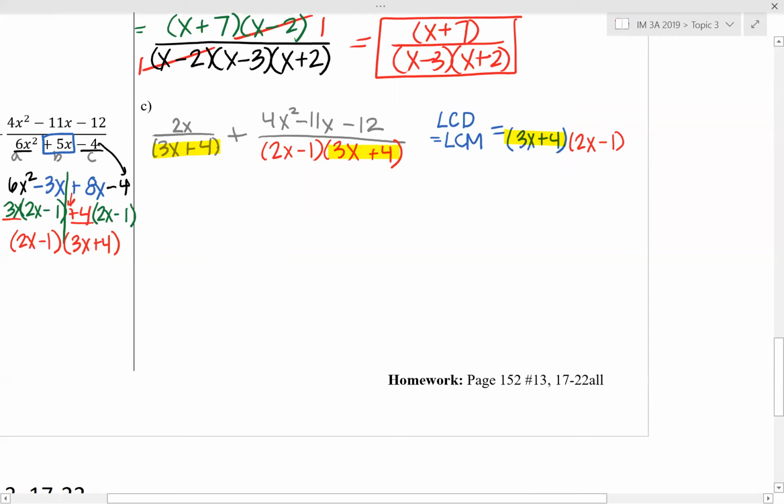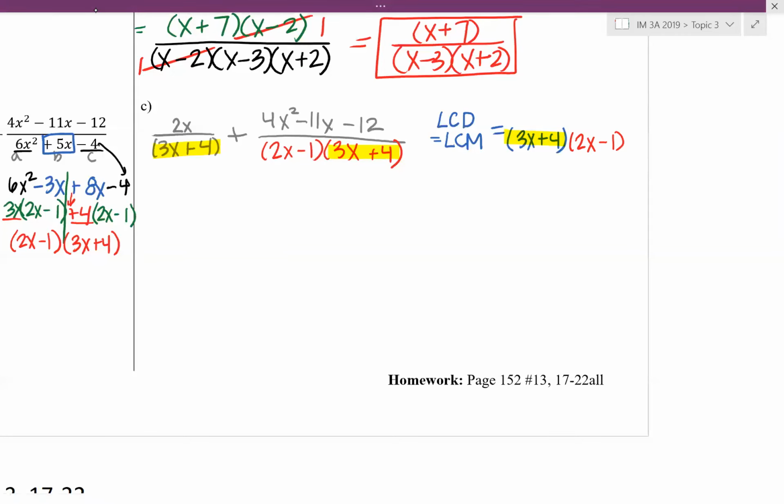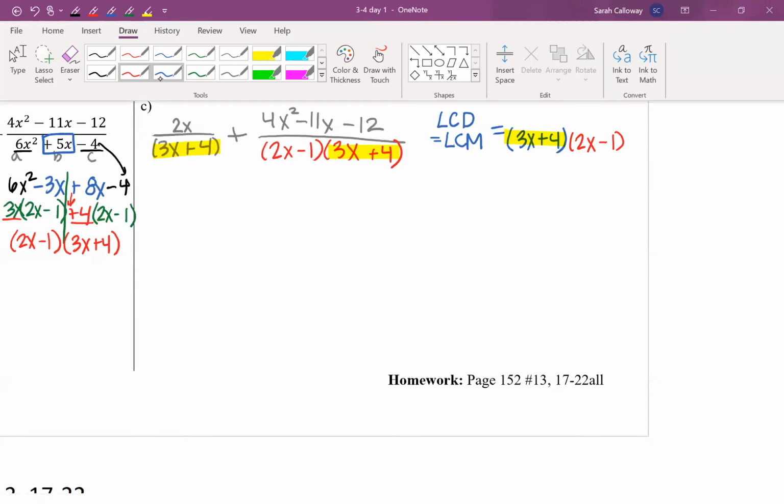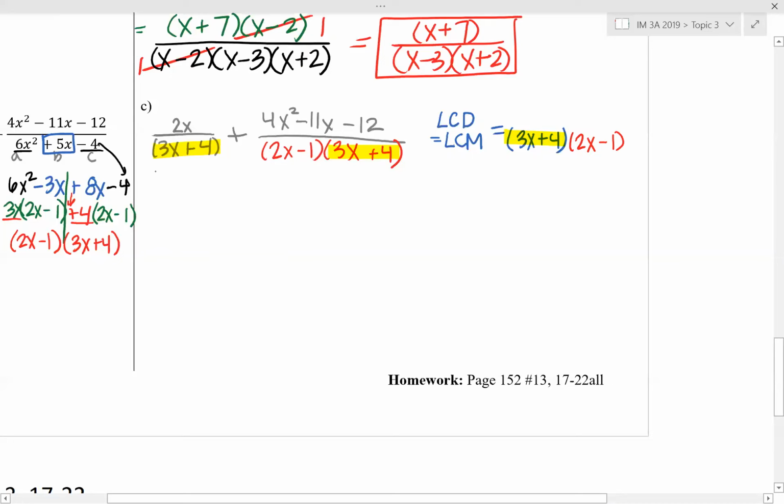So that means that I'm going to have to change this fraction using a fraction of 1 to get it to have the 2x minus 1. So that means that I'm going to take my first fraction, 2x over 3x plus 4, and I'm going to multiply the whole thing by the missing factor, 2x minus 1 over 2x minus 1.